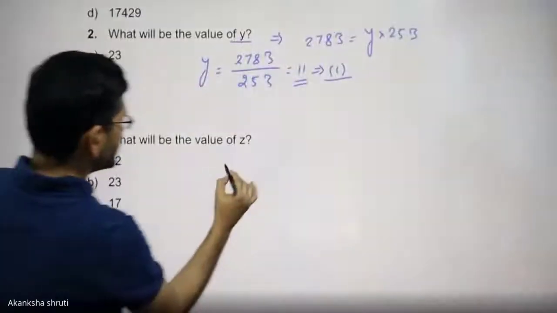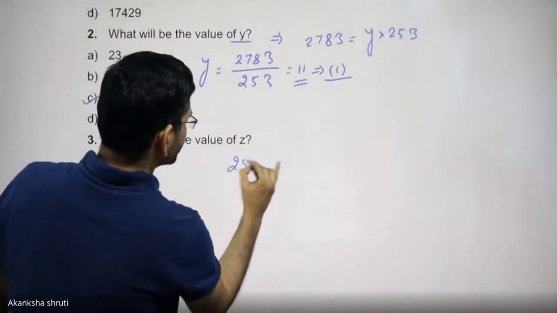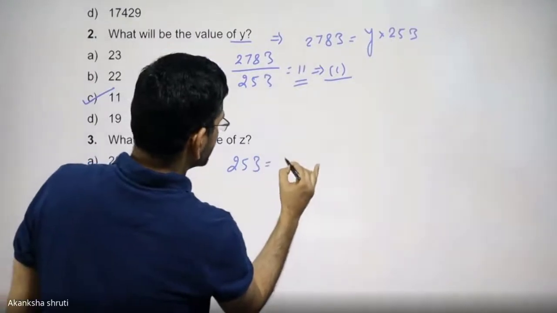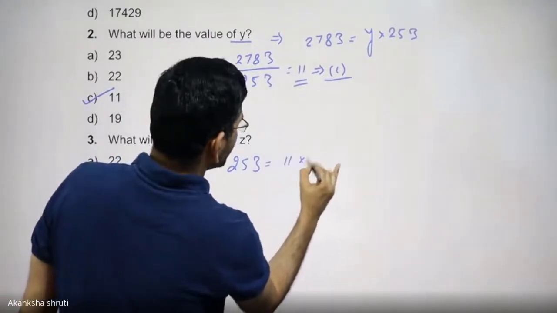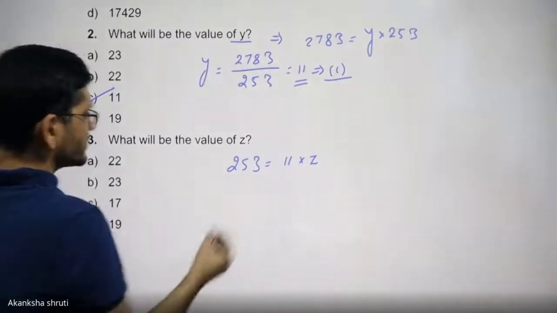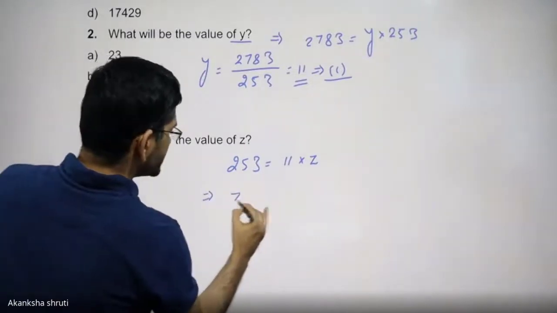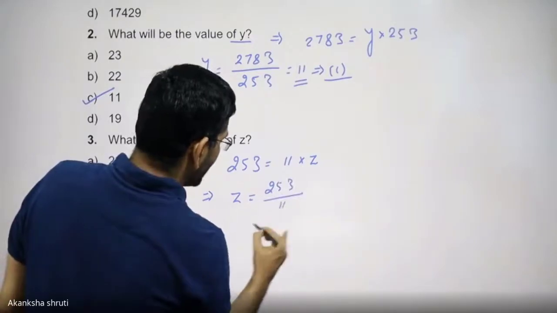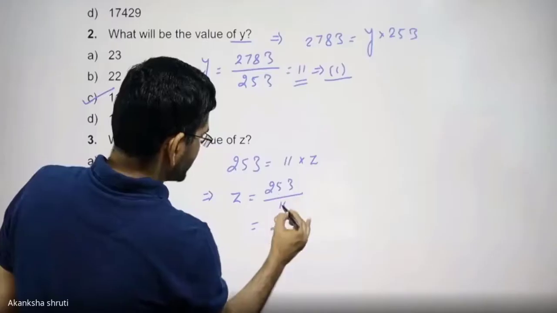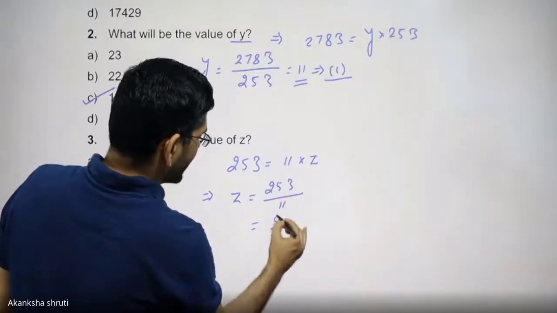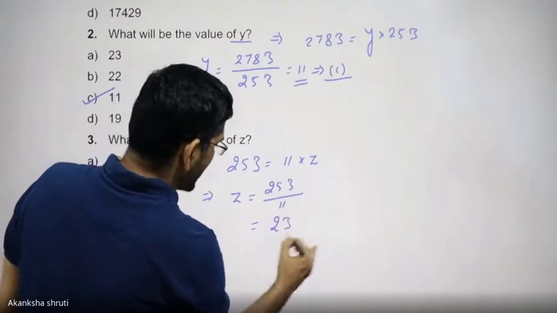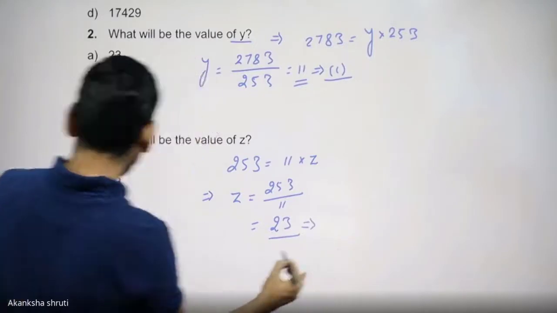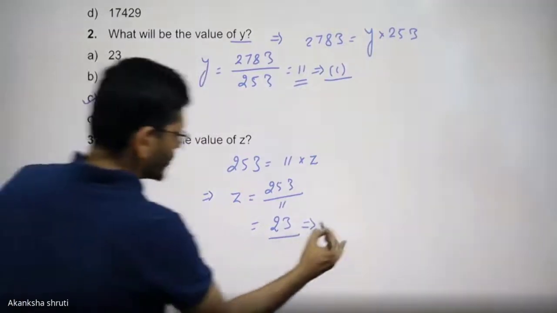So 253 is 11 into Z. Therefore, this Z is 253 by 11. It will go 2 times, 22, and 3 times. So 23. This is matching with our option B.